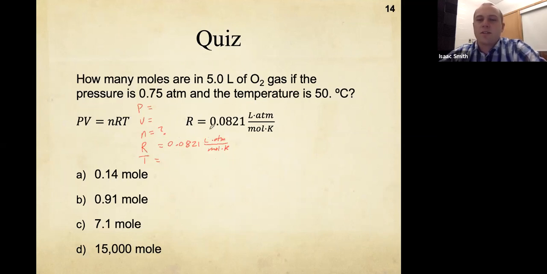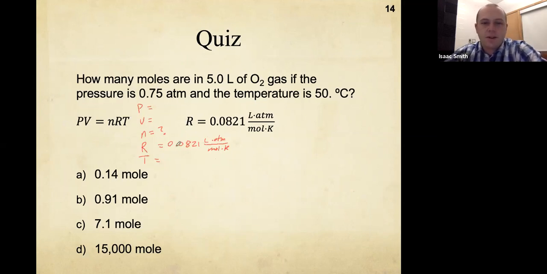Same thing with pressure. If the problem gave you a pressure in terms of torr or millimeters of mercury, you need to convert that pressure into atmospheres before you can use it, because R only works when it has these units alongside it.